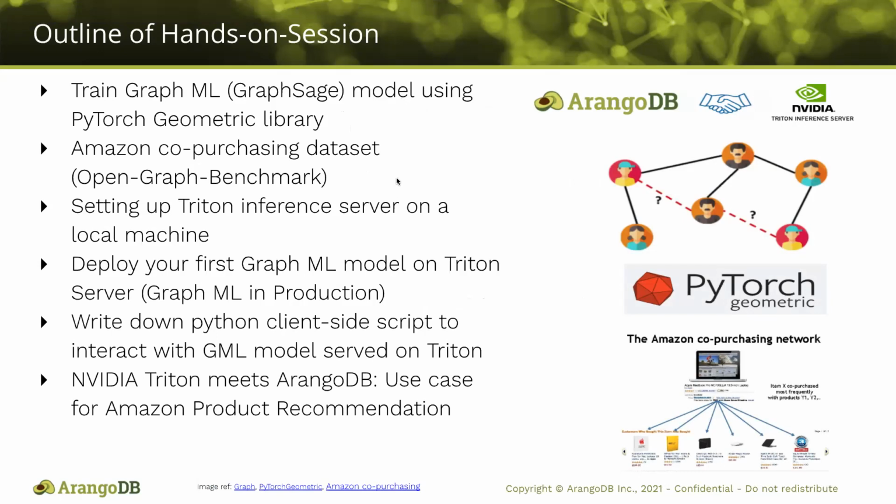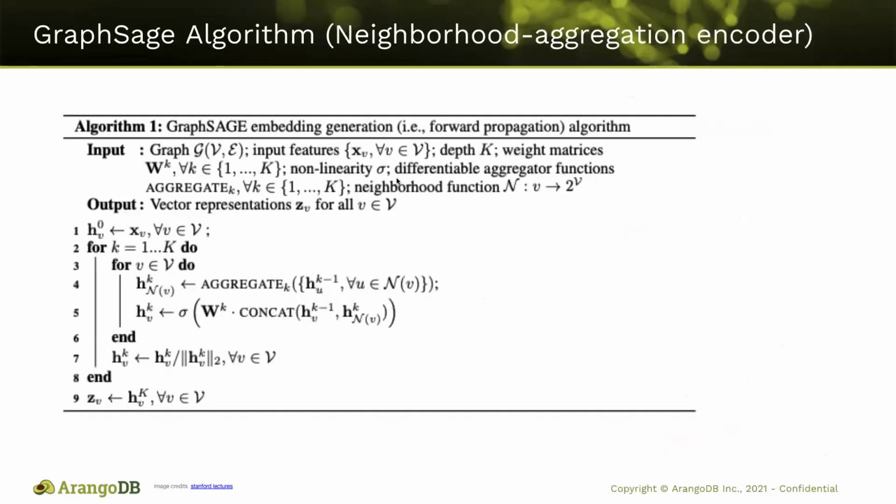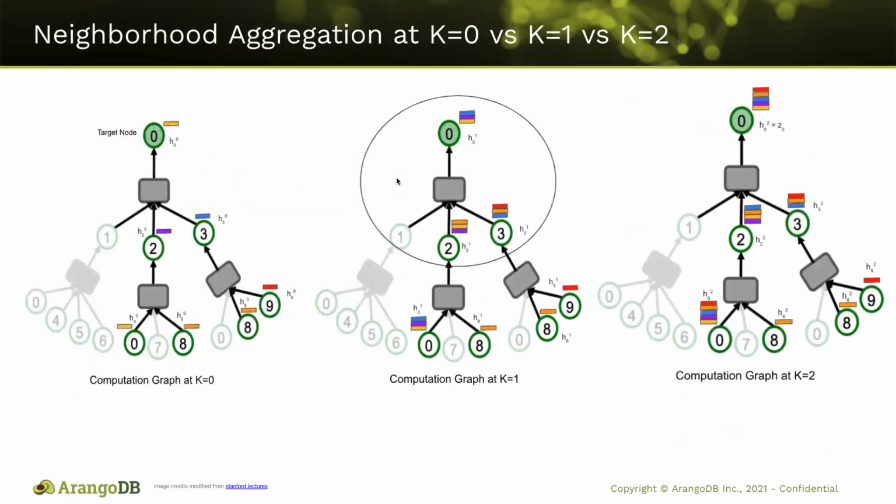So let's get back to the slides, where maybe it could be helpful to explain this question. The question is basically asking if it's the same number of nodes being aggregated at each kth layer. So the answer here is no.